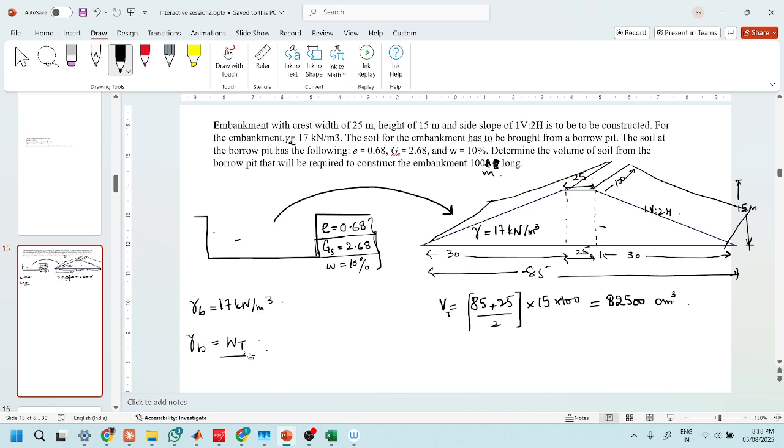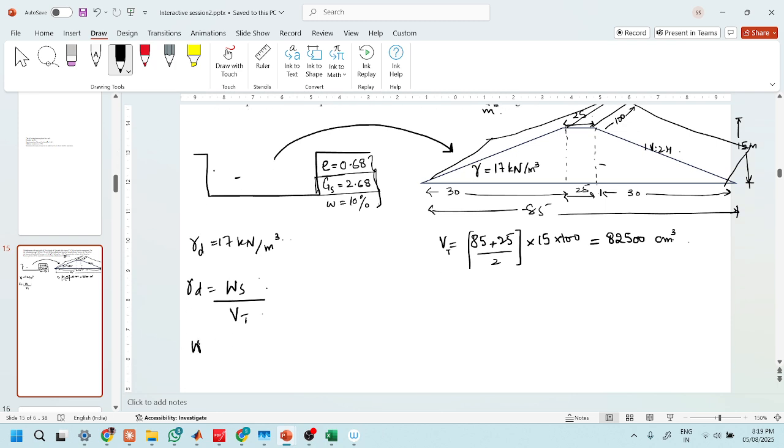Okay. So the gamma d is 17 kilonewton per meter cube. Gamma d equals weight of solids over total volume.